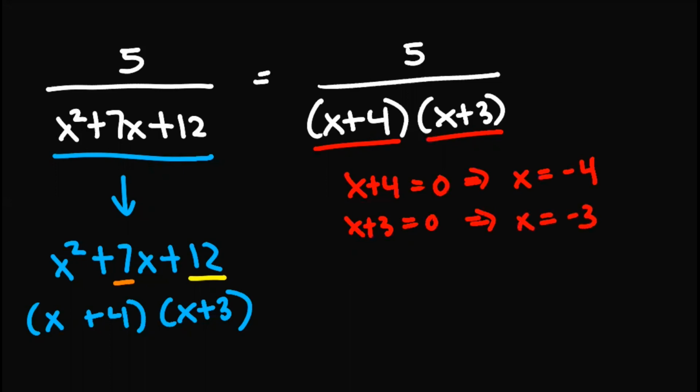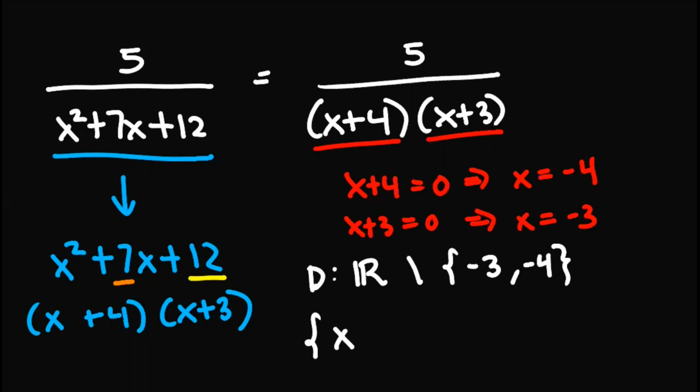And so our domain is given by all real numbers except -3 and -4. Or we can write it as the set of x in R such that x is not equal to -3 and -4. That is the answer for this.